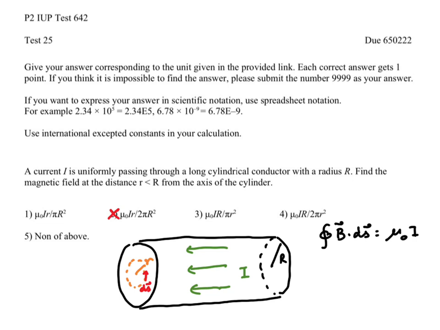We know that the current I is a uniform current. When we say that the current is uniform, it means that the charge that moves in this cylinder has an area density, which means the charge per unit area that passes through the cross-sectional area of this cylinder, that is a constant.